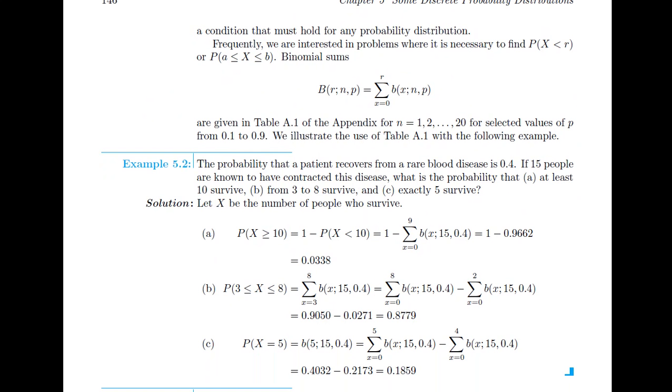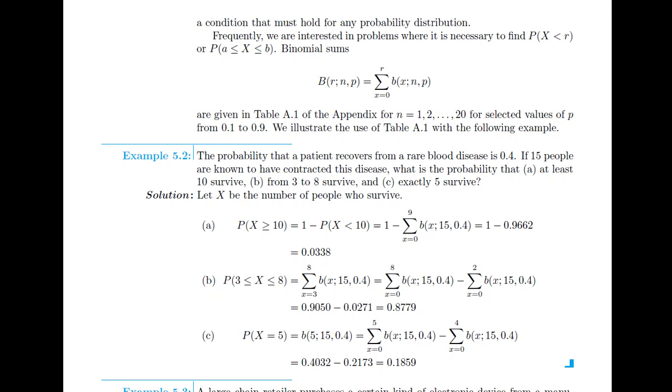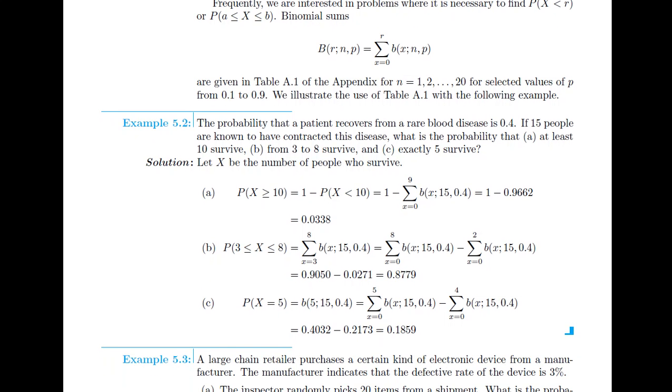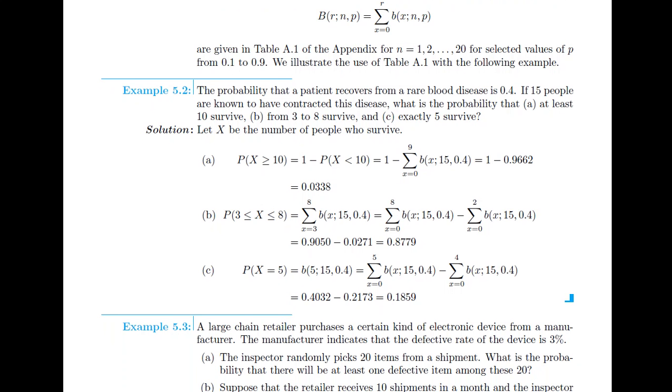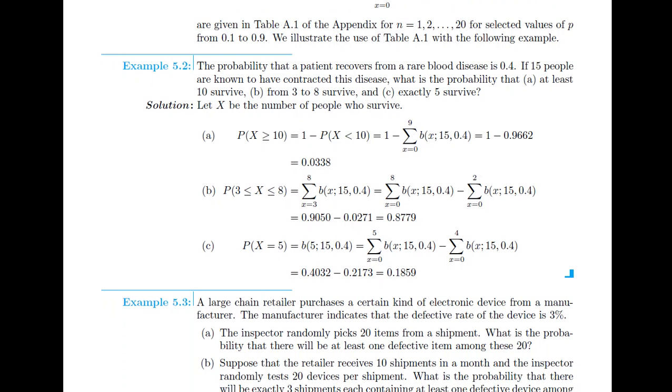The binomial sums B(r; n, p) equal the summation from x equal 0 to r of b(x; n, p). These are given in Table A1 of the appendix for n equal 1, 2, until 20 for selected values of p from 0.1 to 0.9. We illustrate the use of the table with the following example.